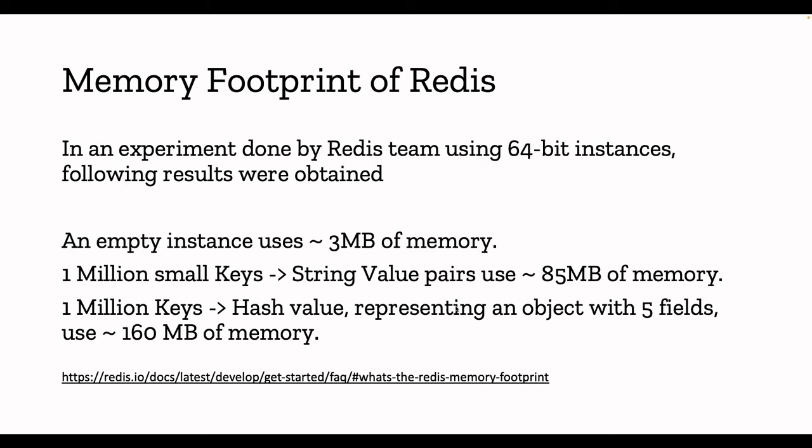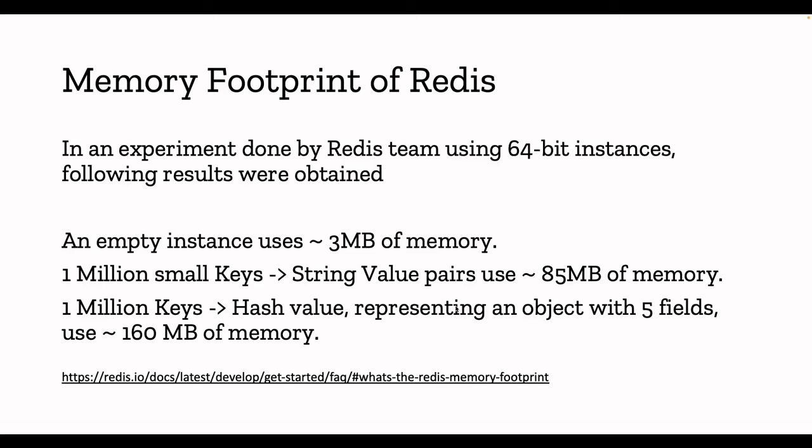The memory footprint of Redis is discussed here. In this experiment done by the Redis team, they used 64-bit instances, and the following results were obtained. When you install a Redis server and client, an empty instance uses just 3 MB of your RAM, which is basically nothing.